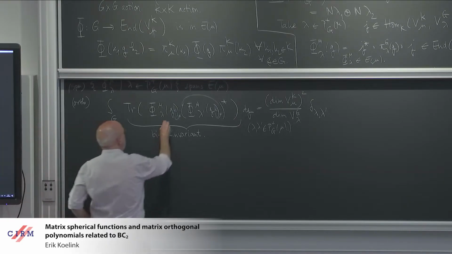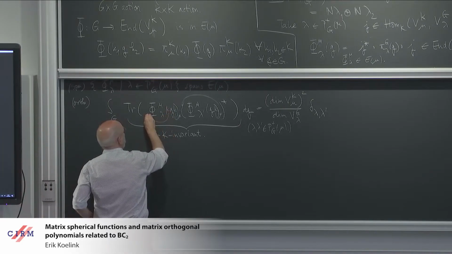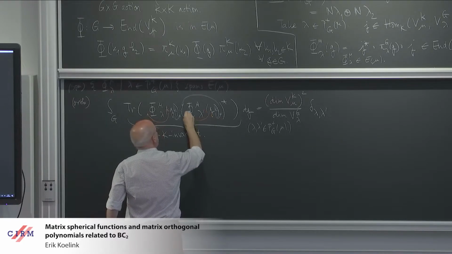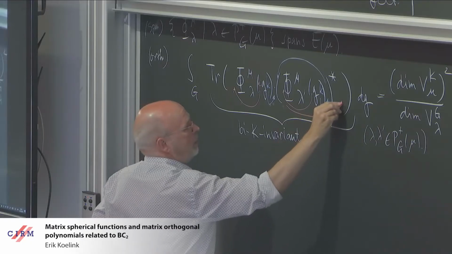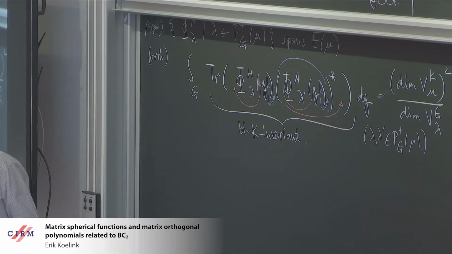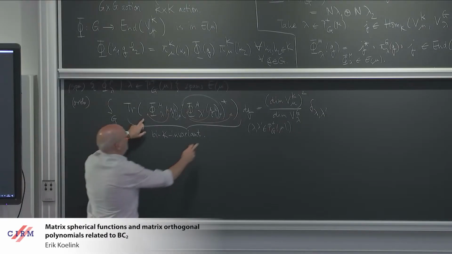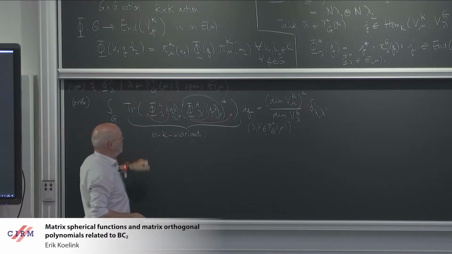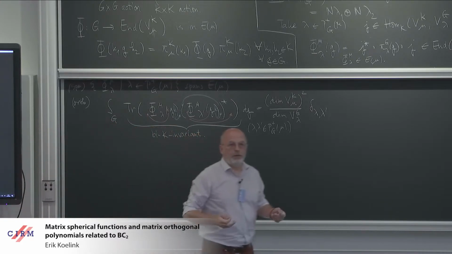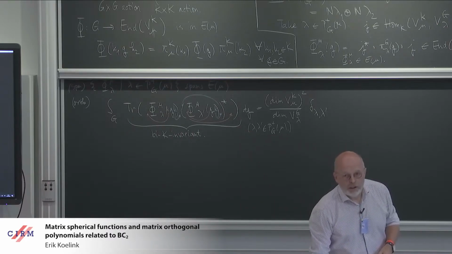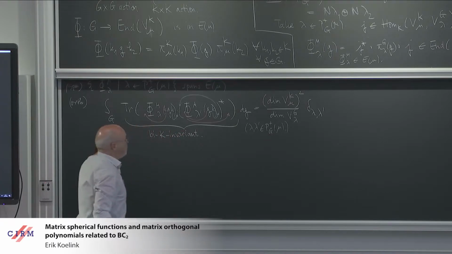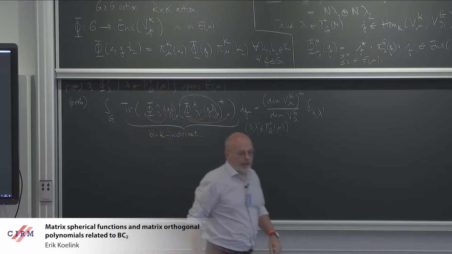If I put it here, then this one goes out here, but because of the adjoint, it goes out here. But it's a trace, so you can move this one over here, and then again it cancels. So this is a bi-k invariant function, and of course you can use all these formulas that you have for integrating bi-k invariant functions, so you can reduce this integral to an integral over a.